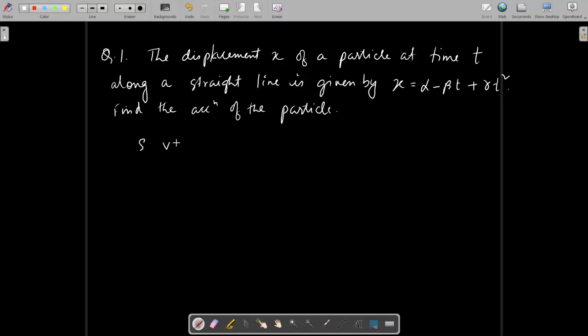Speed, that is v is equals to, we all know, displacement upon, not speed, it's velocity, it's equals to displacement by time. Okay, and acceleration is velocity by time.